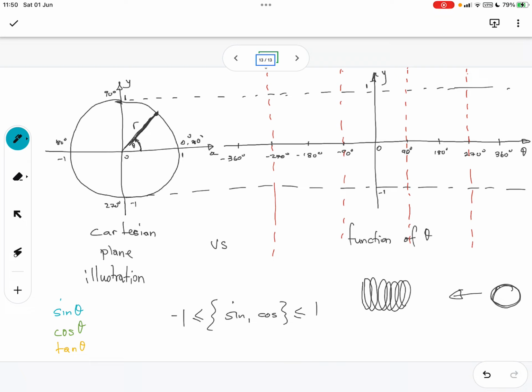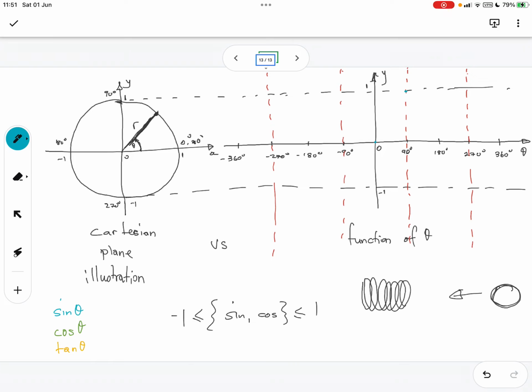It's 0 over r, so at 0 degrees, sine is 0. And then at 90 degrees, the value for y is the same as the value for r. So the ratio for sine is y over r, which is 1 over 1, and it gives us a maximum value of 1.